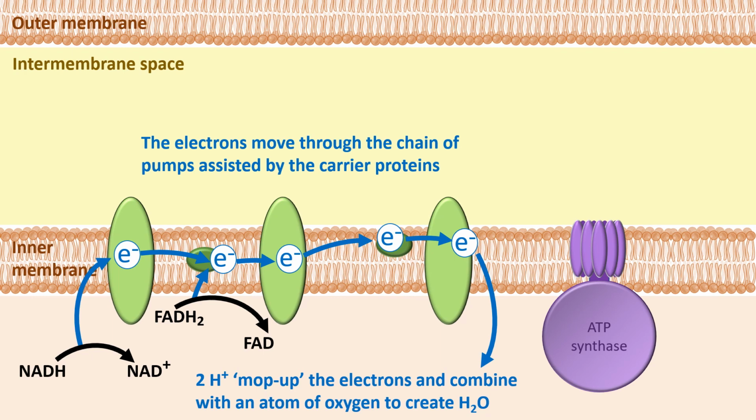It's 2 atoms of oxygen bound together. So here we're talking about an atom because we've only got one O there. We've got 2 H's, 1 O, H2O. Those H's were H+, but because we've chucked in a couple of electrons, they're now neutral. So we have H2O. This is not really part of the process, it's not producing ATP or anything else, but it's a way of mopping up those electrons.